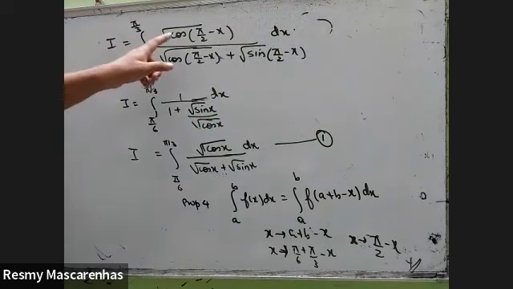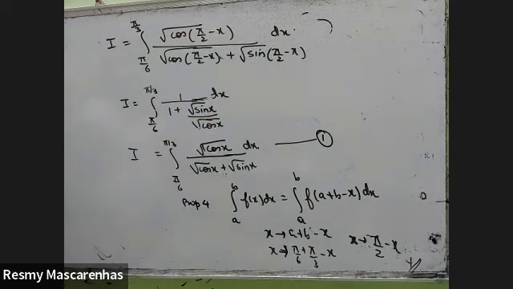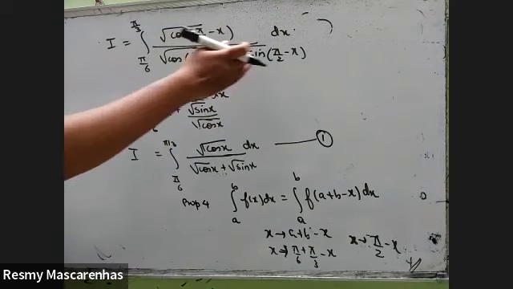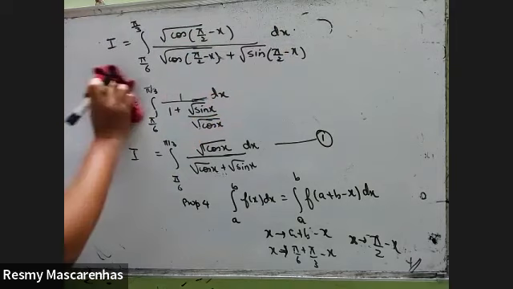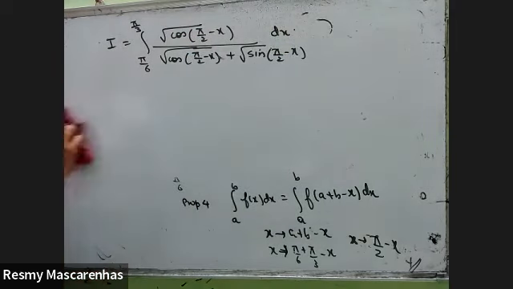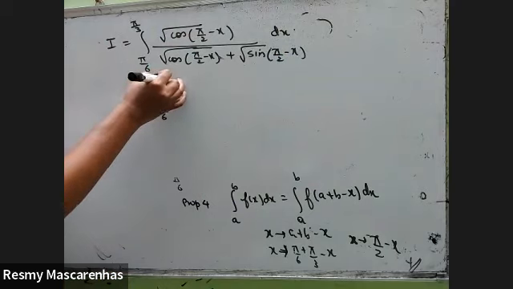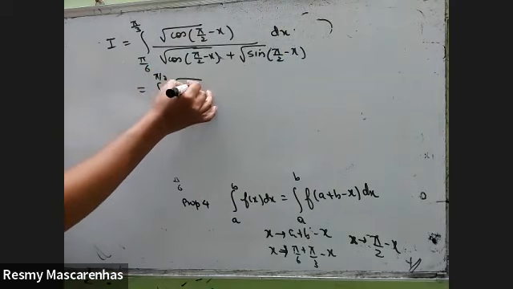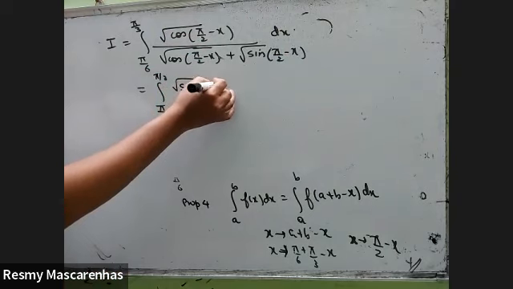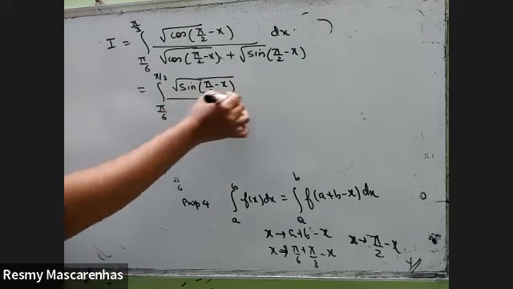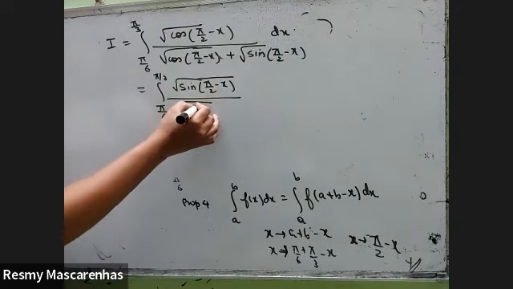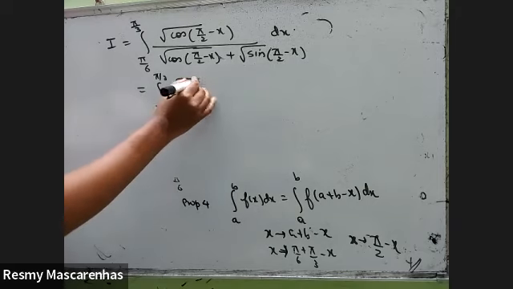Now same thing, cos of pi by 2 minus theta is sine theta, and sine of pi by 2 minus theta will be cos theta. Sorry, this is sine x.